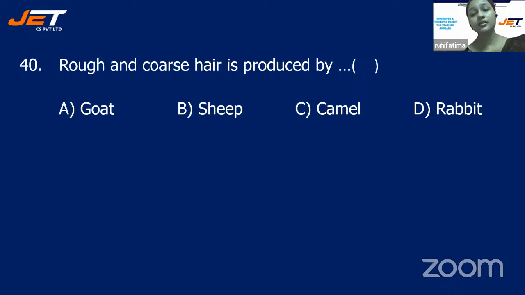And the correct answer is camel. Why rough and coarse hairs is produced by the camels? Because they are desert animals, right? They live in the desert, and according to their climate, they have this kind of hairs. Okay, very less hairs on the body. Rough hairs and coarse hairs on the body to avoid dust and all that.